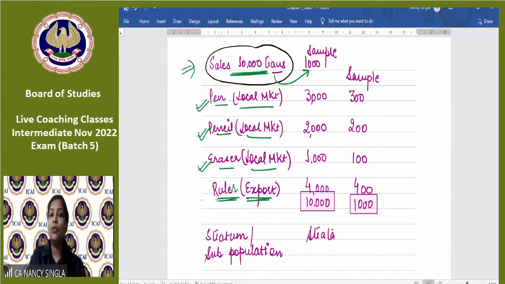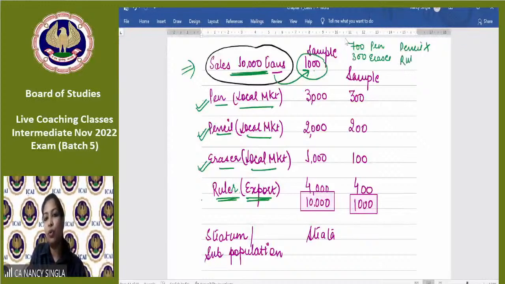Now, when I take a sample of 1,000 without dividing the population, it might be possible that out of this 1,000, 700 come from pen, 300 come from eraser, I'm not getting any data for pencil, and I'm not getting any data for ruler. It might be possible.